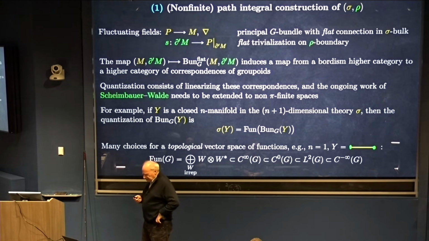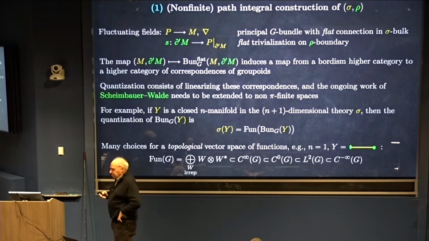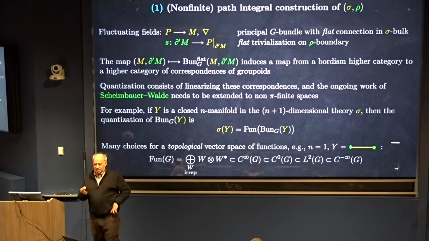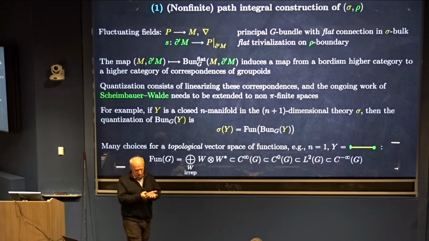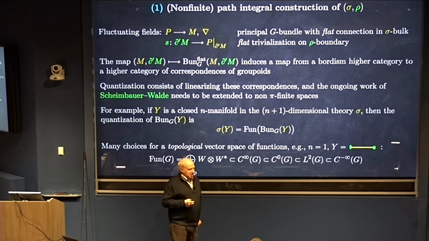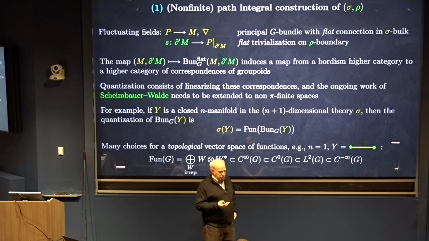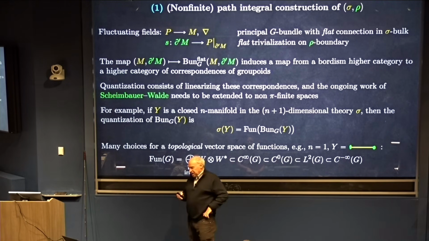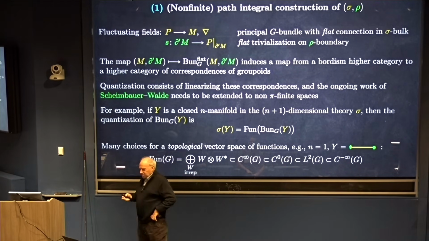Okay. So again, when we do the quantization, we're supposed to take functions on, for example, for a closed n-manifold, we're instructed to take a vector space of functions on Bun G, but now we have to decide what kind of functions.